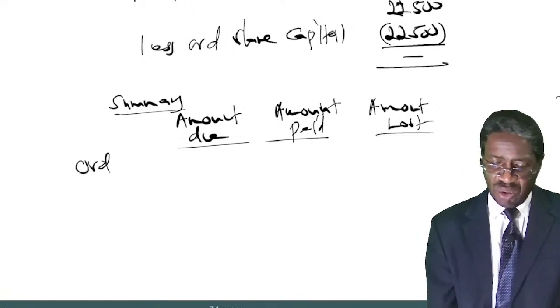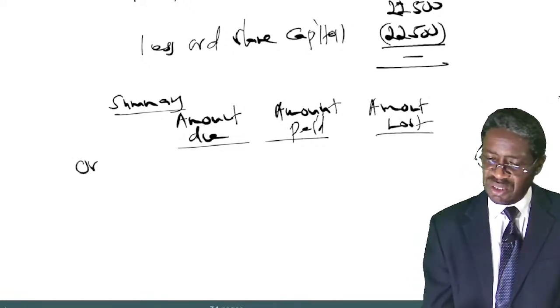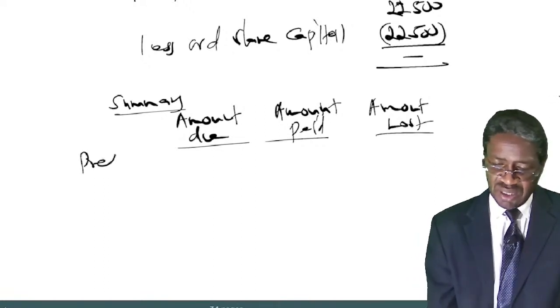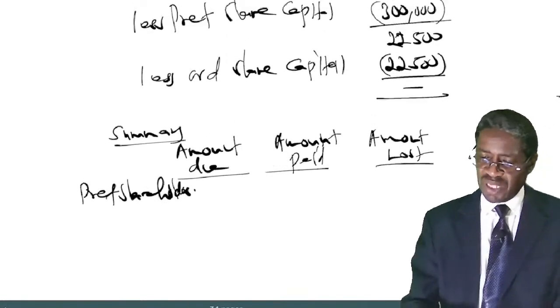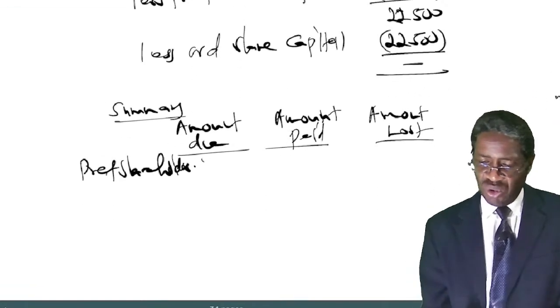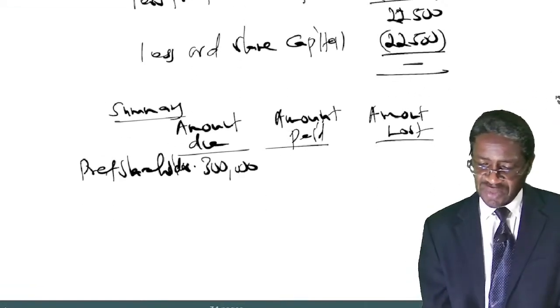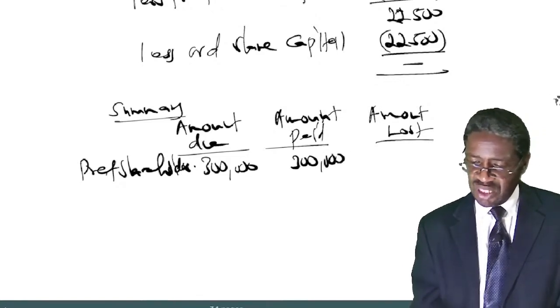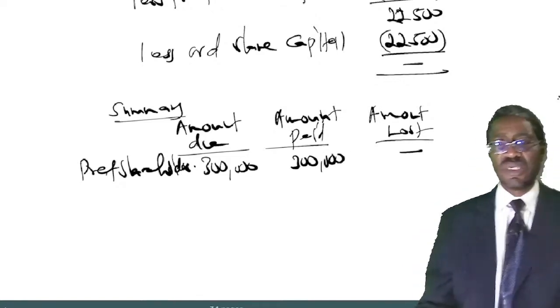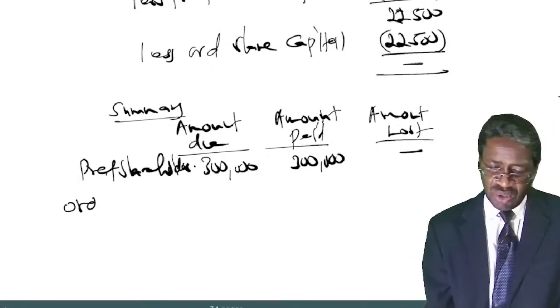We could start with the preference shareholders. Preference share capital, or preference shareholders. We owed them how much? We paid them everything. We owed them 300,000. If they go to court, they'll be paid the same 300,000. They will lose nothing. What about the ordinary shareholders?